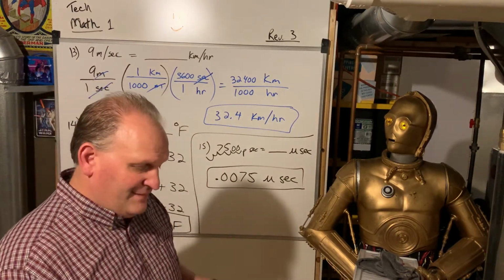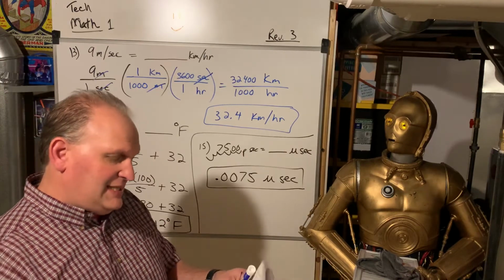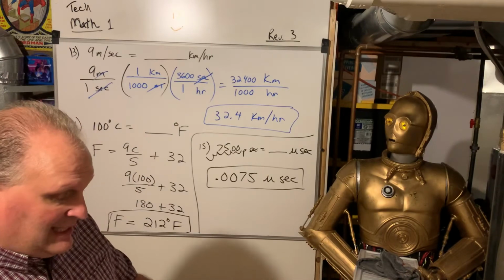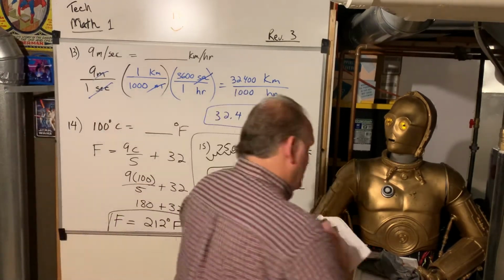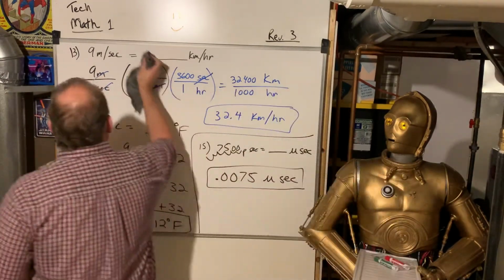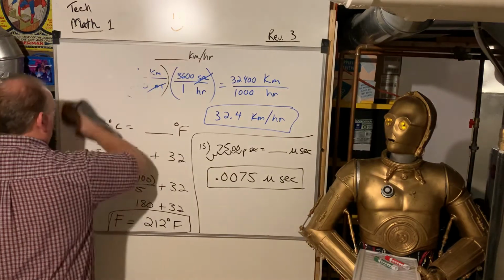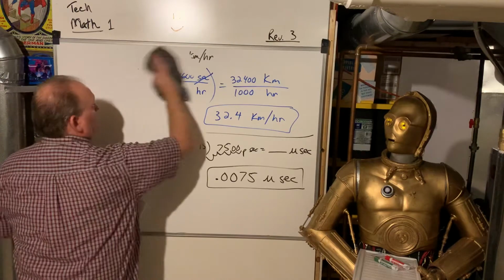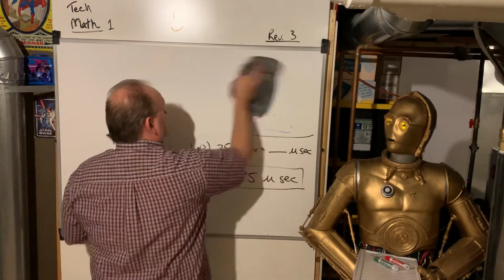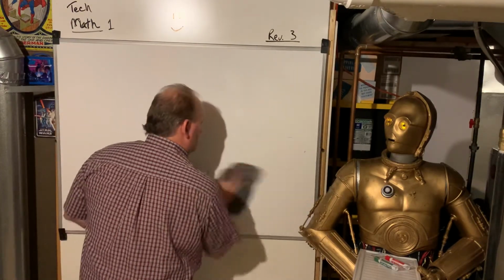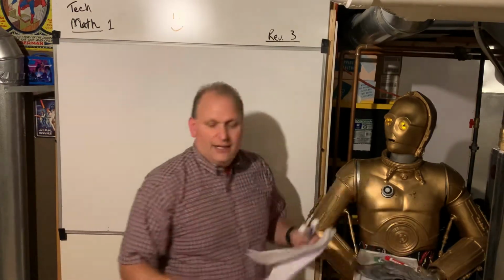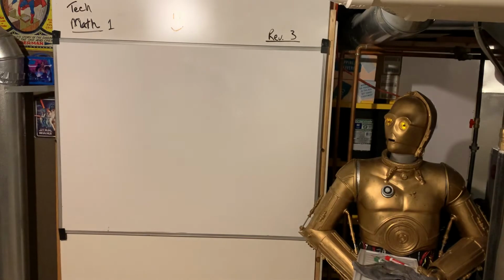All right, then 16. Note on 16, they messed up letter D. They typed it wrong. Typo on your answer key sheet, where the answer should have been 9.62, but they didn't write that down.